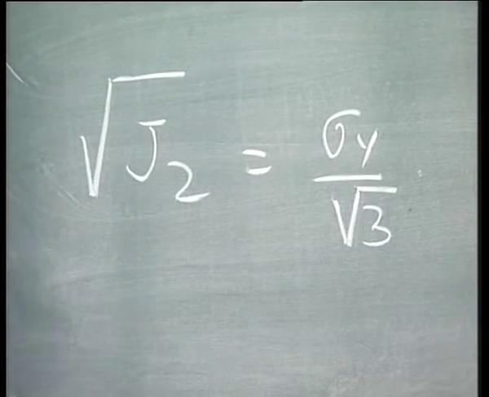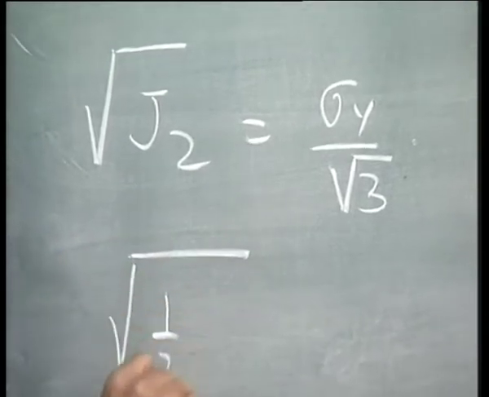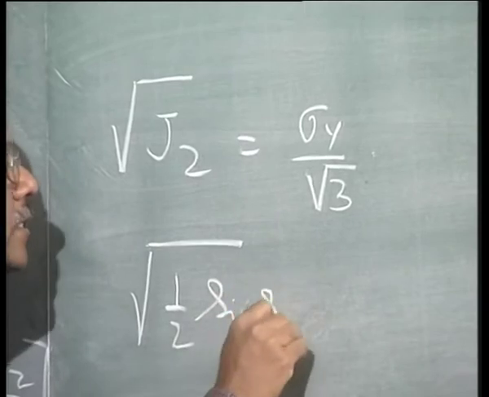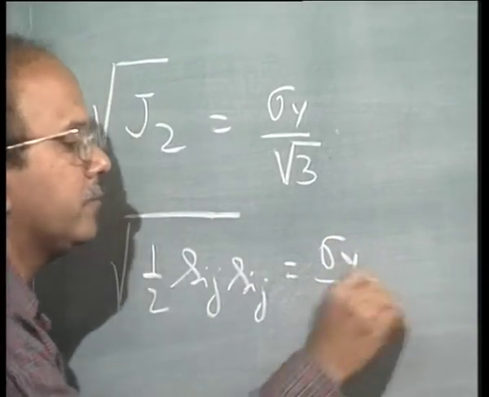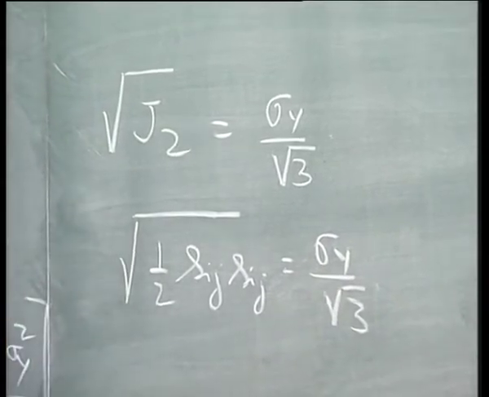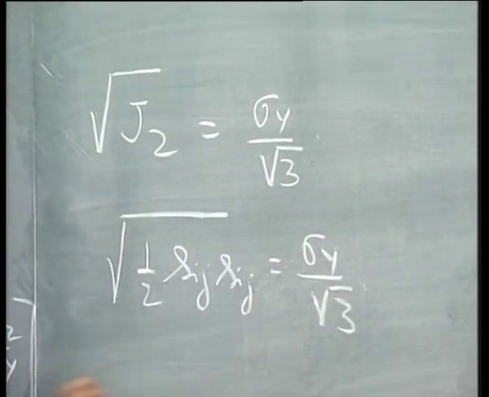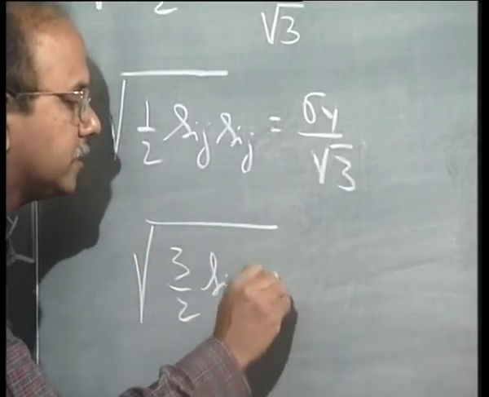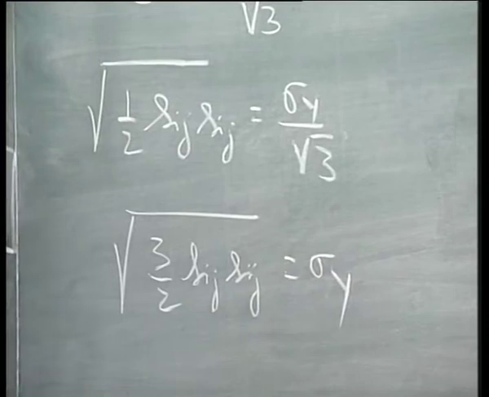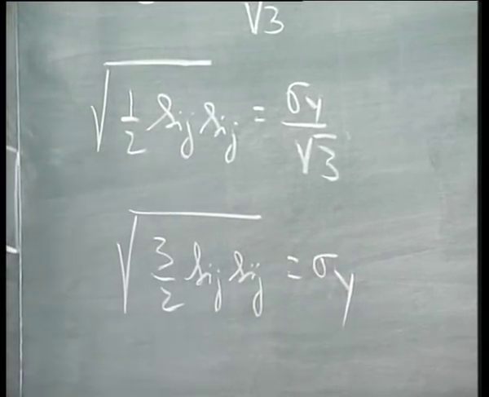And what is root J2? That is the square root of half Sij Sij, equal to sigma y by root 3. Just bringing that root 3 to the other side, I can write this equation as the square root of 3 by 2 Sij Sij is equal to sigma y.